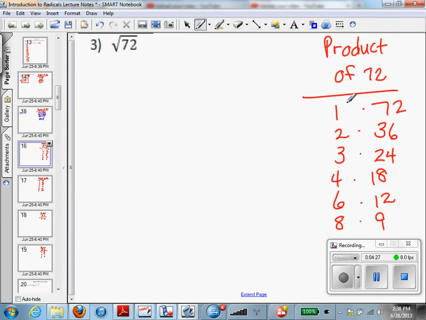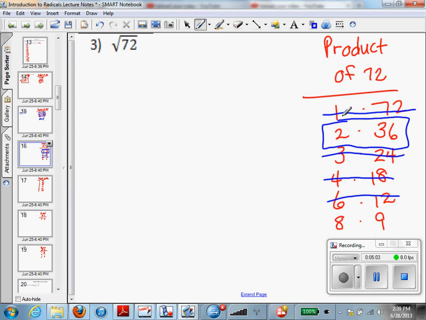Looking at number 3, here on the right side of the slide are the factors of 72, that when you multiply together give you 72. This first one won't work, and we're always looking for the highest perfect square. And if you see, there are 2 different sets of perfect squares. We could go with the 2 and 36 or the 8 and 9. You could go with either set, but with one you're going to have to go a step farther. If you choose the 2 and 36, you're going to get the highest value possible.